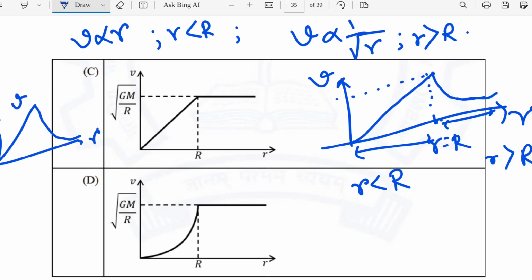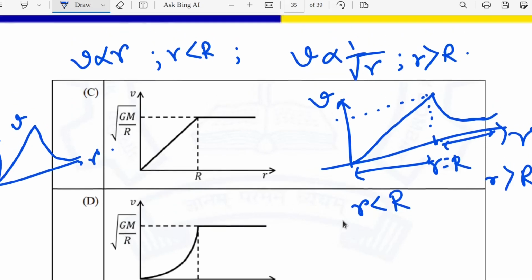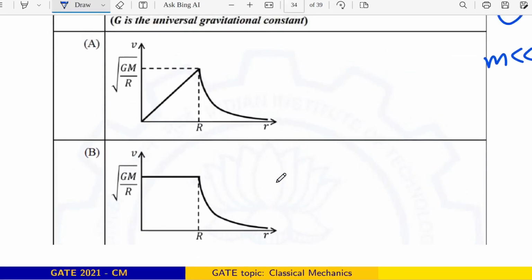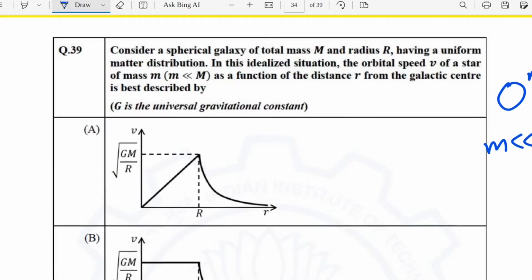V, this is r, and we have to see which one is the correct one. Yes, see this one. The first option gives a linearly increasing line, then there is 1 by root over r decreasing function. So the correct answer for this case will be A.